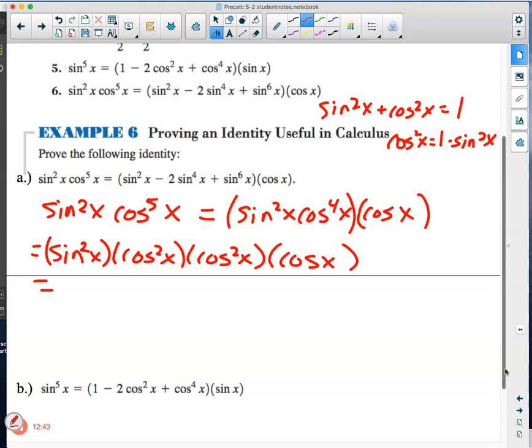So I can't use the cosines. I want sines. So let's see. I'll leave my sine squared x here, but I'm going to replace each of my cosine squared x's with 1 minus sine squared x.